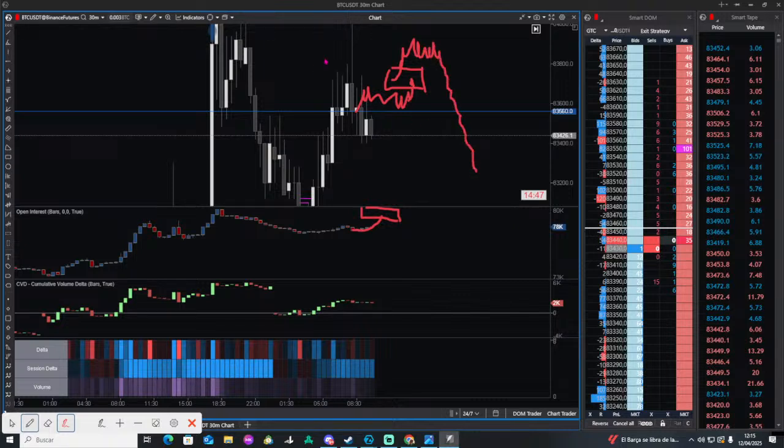All these new longs that opened here will be underwater once the price is here. So you see acceleration but also absorption at the same time, and once you see that level being absorbed, all the longs that were opening here will be underwater.